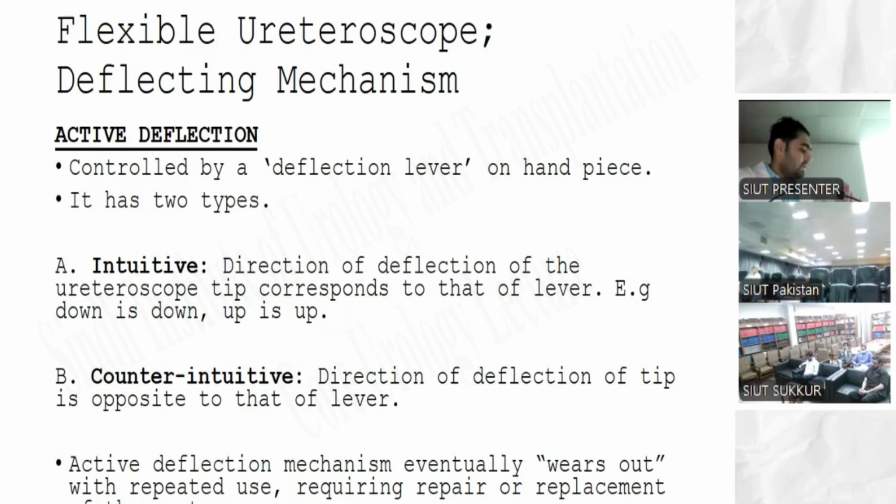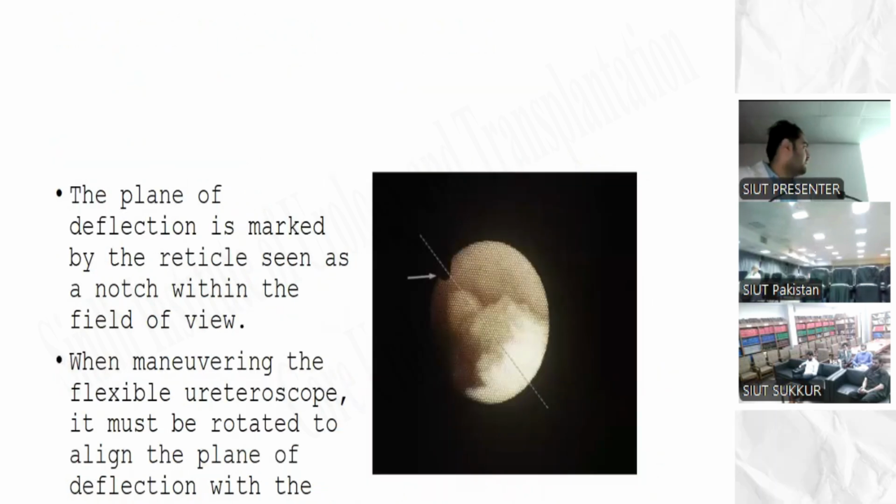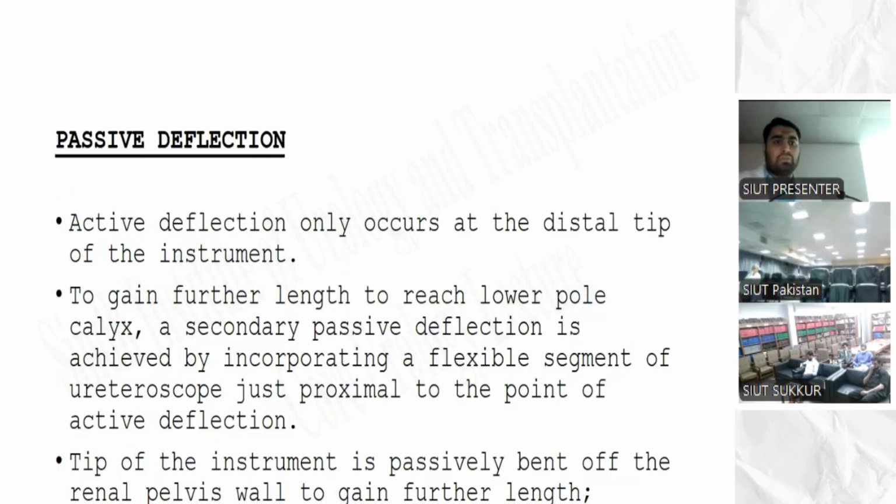If we are approaching the pelvis, and the scope is attached to the wall, and it deflects other than by the lever, this is passive deflection. And this is a reticle, which is seen as a notch. It describes the plane of deflection for utilization of the flexible ureteroscope.